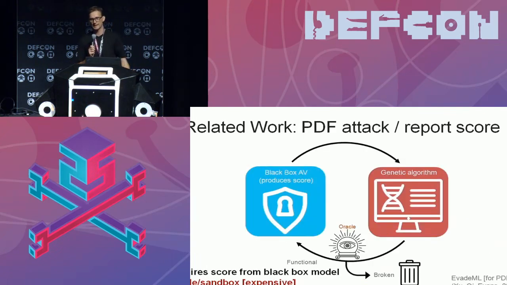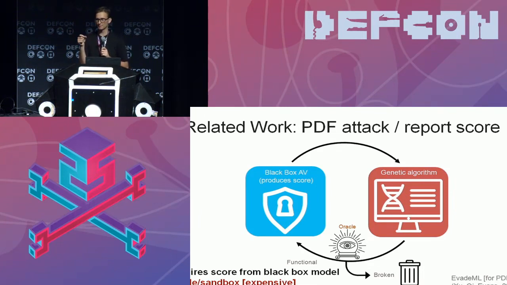So a kind of cooler attack that's based on a black box, so it doesn't need to be deep learning, can be any sort of machine learning model that reports a score to you, has been investigated by my co-researchers at the University of Virginia. And essentially it's based on genetic algorithms, and just in a nutshell, these are based on the evolutionary principles of survival of the fittest, and I start with a big batch of malware and sort of breed it with benign-ware.